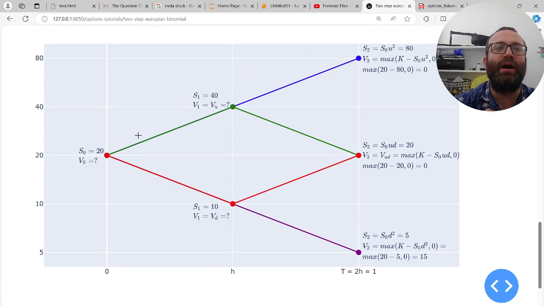So we want to go backwards in time. Remember, in the previous videos, we said that there's some real world probability that you can go up and down, but that probability doesn't matter in option pricing due to no arbitrage and replication in a complete market. As long as the probability is strictly between 0 and 1, it doesn't matter. But we can construct what's called a risk-neutral probability that looks like a probability, and then we can do a discounted expectation under this risk-neutral probability.